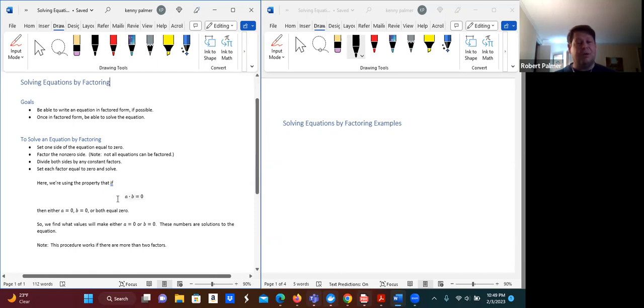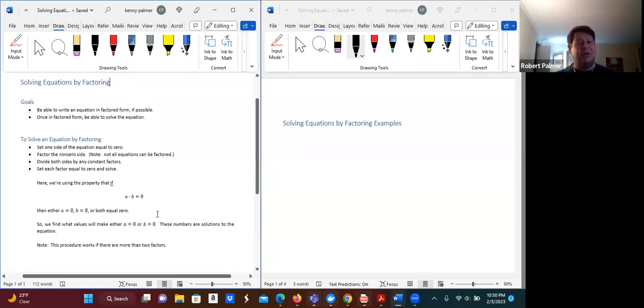We're using this property right here: if you have two numbers, a and b, and you multiply them together, if a times b equals 0, what that tells you is either a is 0 or b is 0, or they're both 0, because 0 times anything is 0. So then we want to find the values that make a or b 0.